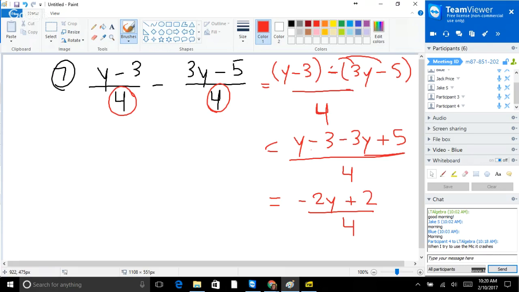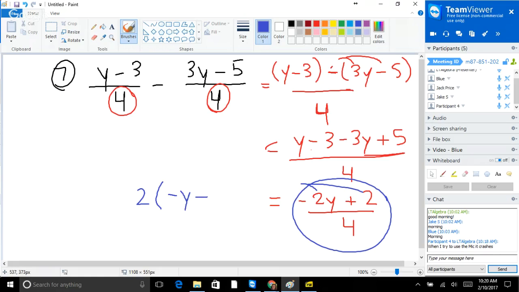Did it? Nice. Yay. Now, if you go to look at the solutions in the back of the book, it's actually not going to look like this. Does anybody know why? Because there's a 2 and a 2 in here. So they actually made it even more simple. They said, we're going to pull a 2 out and make this 2 and then minus y plus 1 over 4.